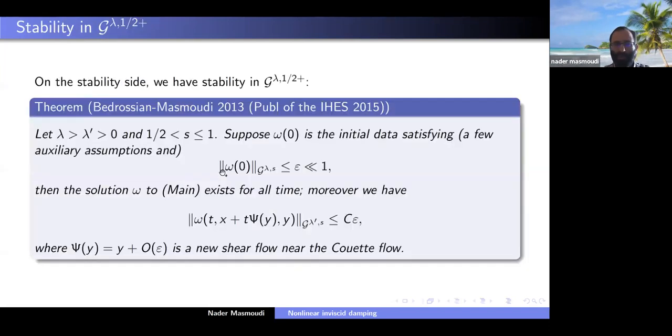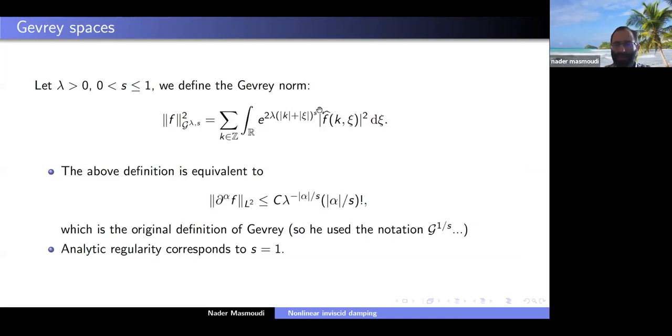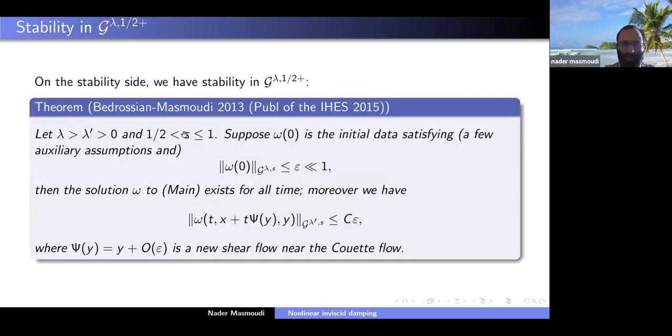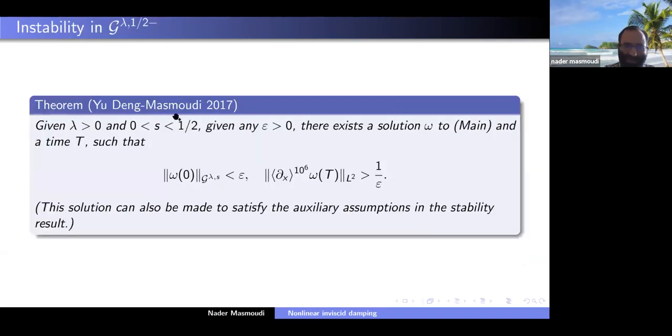I need to recall that if s is bigger than 1/2, the space is stronger than when s is less than 1/2. Remember that in the paper with Jacob, we had to assume that s is strictly bigger than 1/2. Now if one takes s strictly less than 1/2, then for any small initial data, we can choose omega such that at a later time, capital T, the solution will be large.